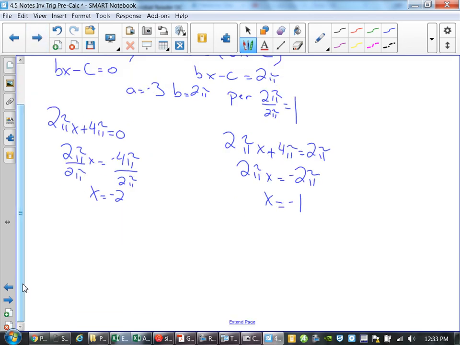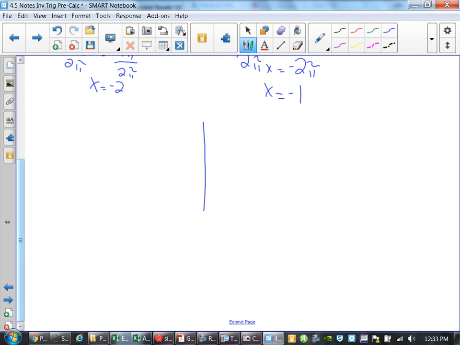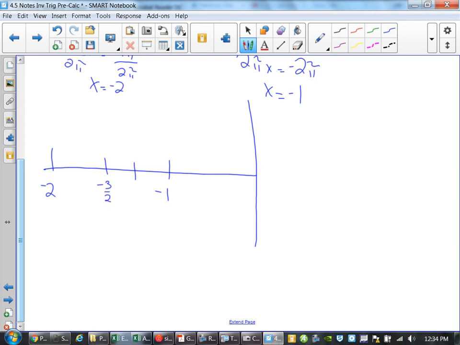So let's set it up. I should probably make this a little bigger so we have a little more space. What's halfway between -2 and -1? With what, -5/4, and then -7/4, if I'm not mistaken.